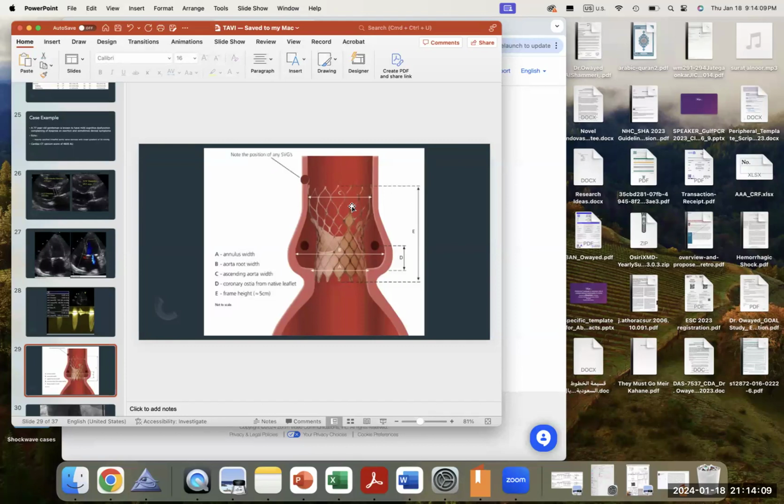So you need to have the femoral and the iliacs more than 6 millimeters, because the sheath is 4.62, an increase of 2 millimeters from one side to the other. It's just to make it easier to pass the valve. So these are the things you need to know.